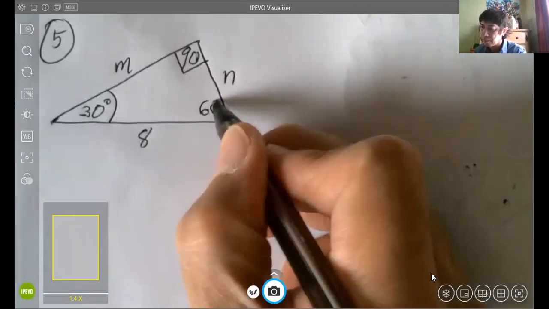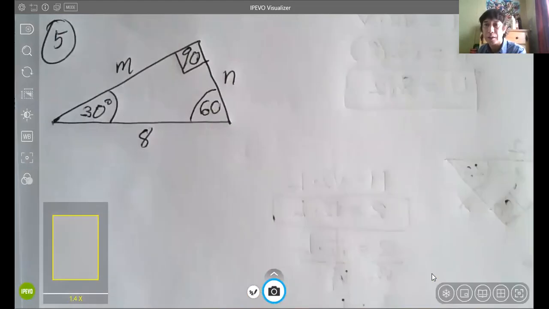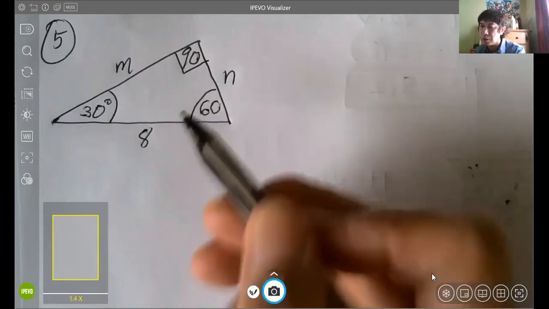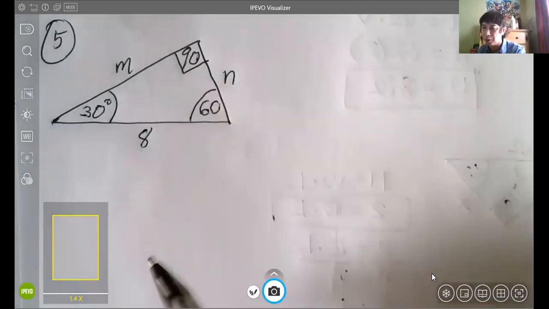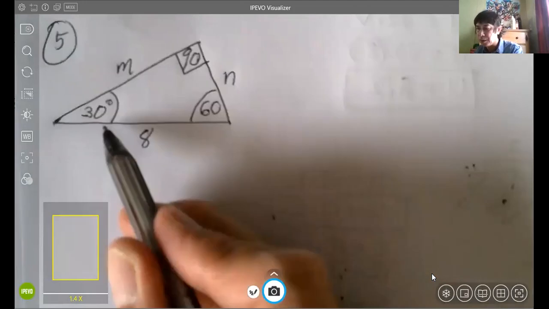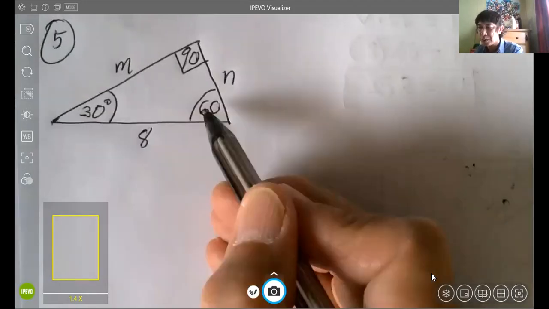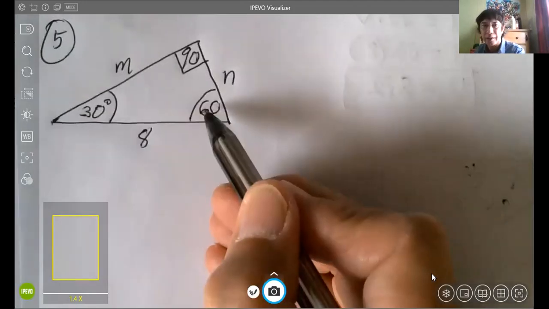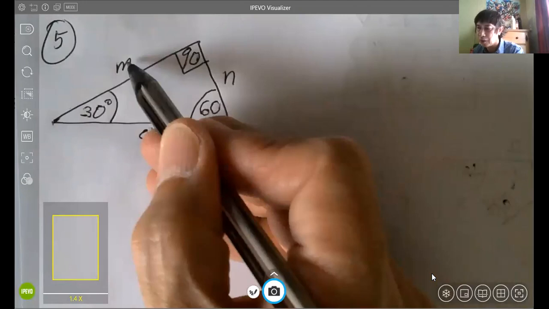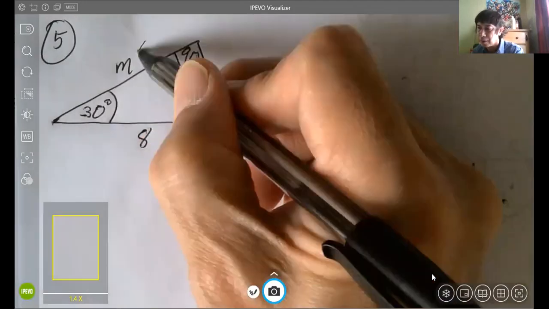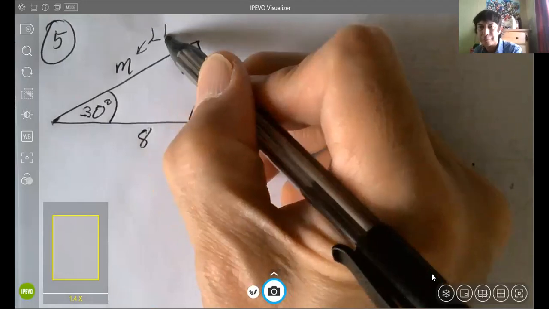There. And so you can always identify the parts, okay? Opposite the 60, which is the middle size angle, 30 being the smallest, okay? 60 is the middle size, and this must be the longer leg there, okay? This is the longer leg. There.